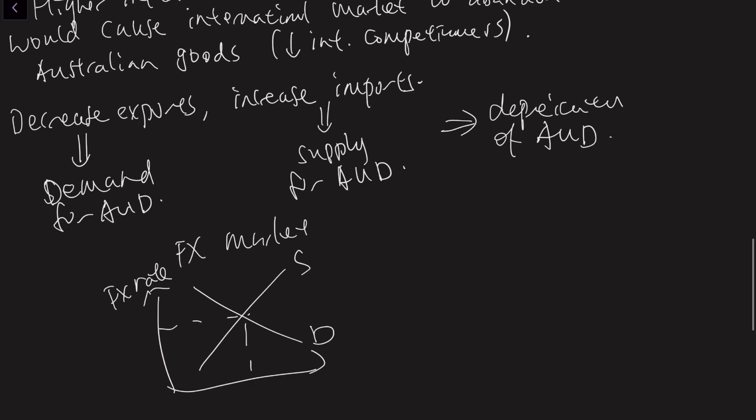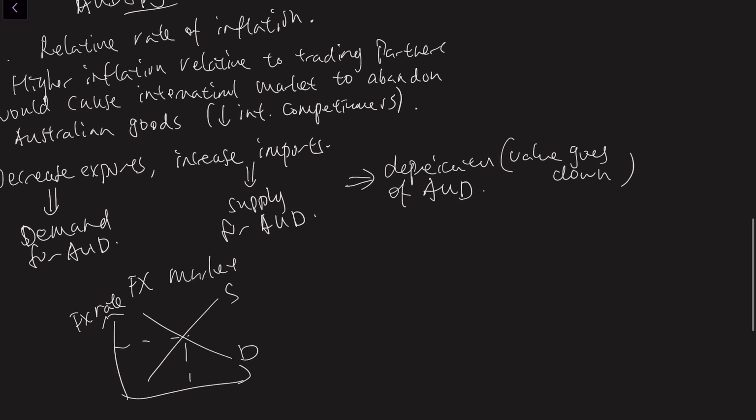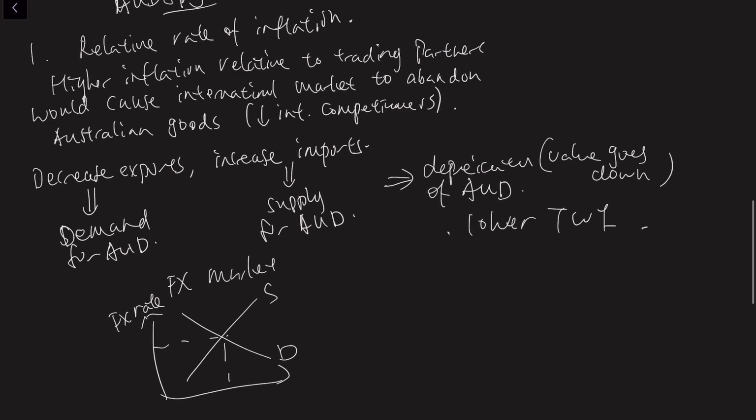And depreciation is a special term for the currency market. It means value goes down. So the Australian dollar is worth less, which is reflected as a lower trade-weighted index. So that's the first reason that can impact the value of the Australian dollar.